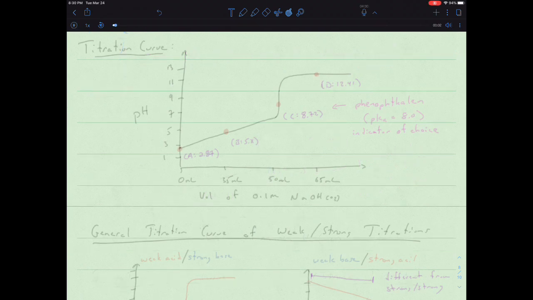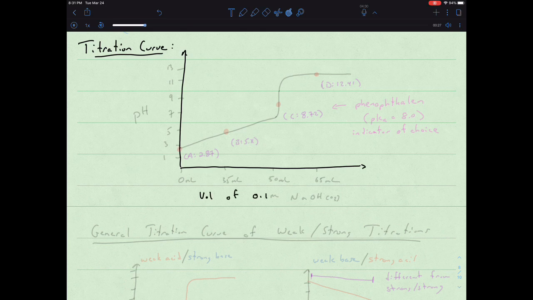So now we have all of the data points to sketch our titration curve. Our x-axis is the volume of the 0.1 molar sodium hydroxide.